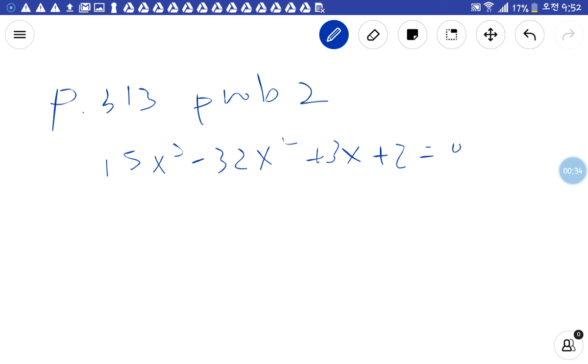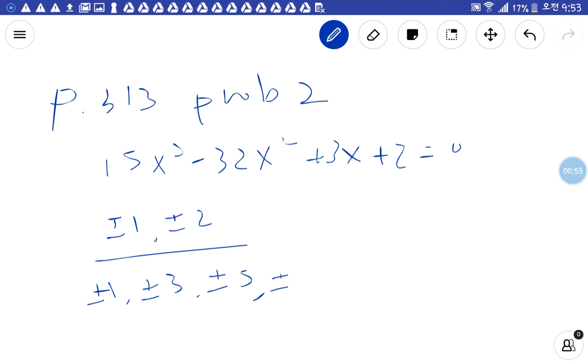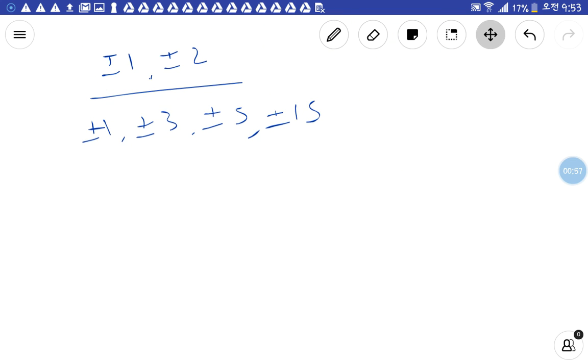So we have to list all the possible rational zeros. What should we find out? You have to find the factors of the constant and then the factors of the leading coefficient. Okay, so you have to write that down in reduced form.